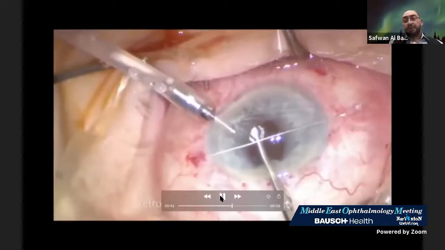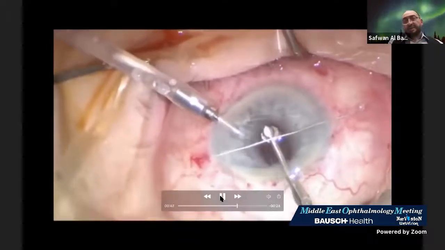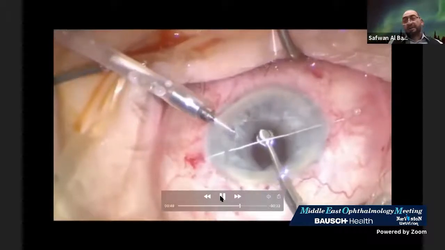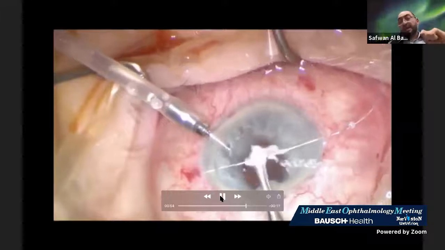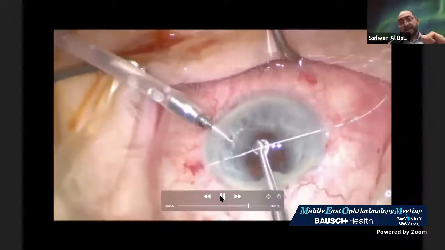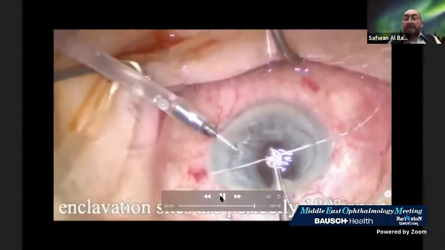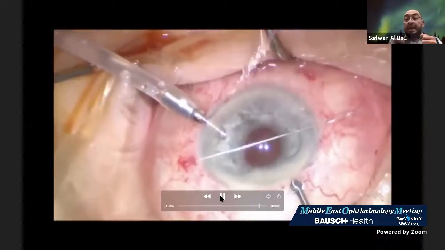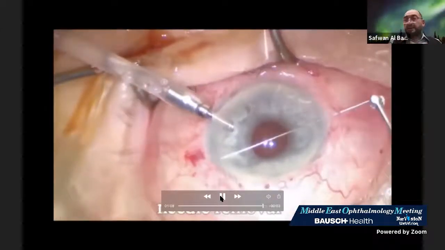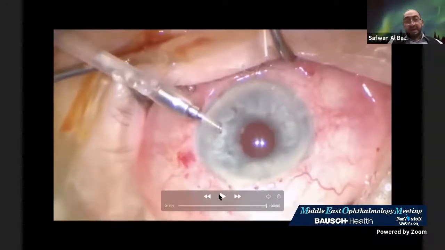Again, in the usual technique, those doing the Artisan hold the lens in the right hand and need to clip, using the left hand to clip the lens to the iris, then hold the lens again in the left and use the right hand to clip. But in this new technique, he clipped both using one hand, and then withdrew the needle up and away. This is what you asked me, and I finished here.